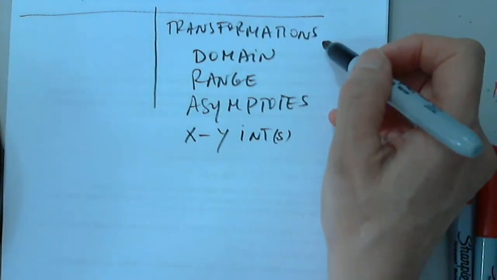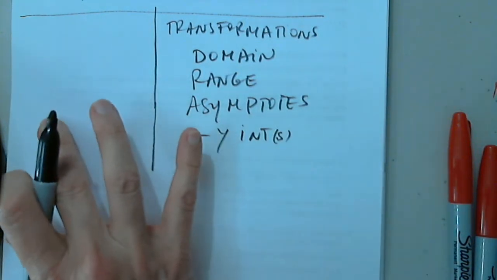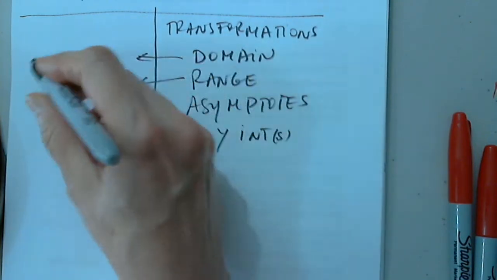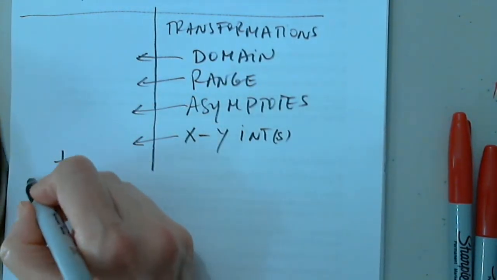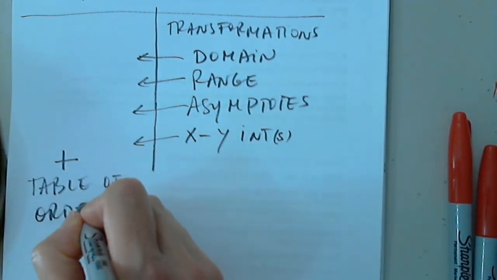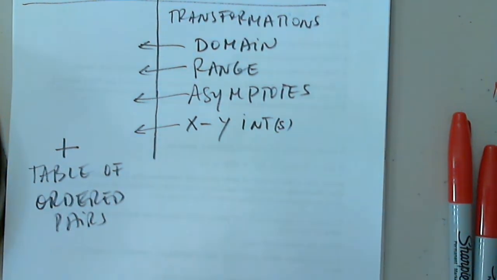For transformations, I don't request a table of ordered pairs, but for any other method, you have to present this, plus a table of ordered pairs.